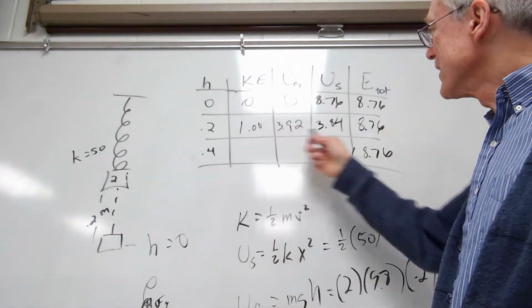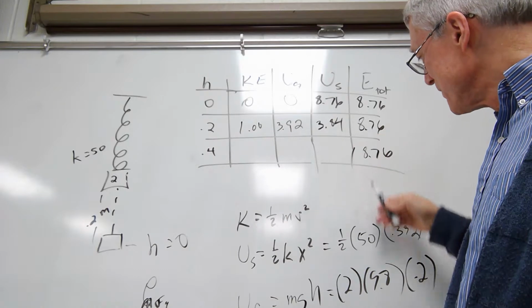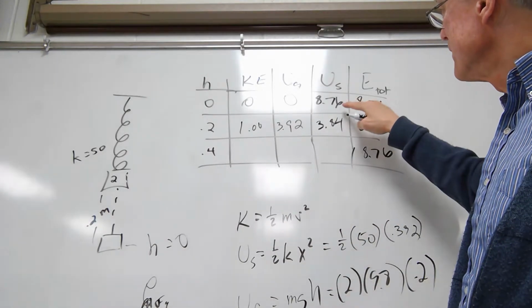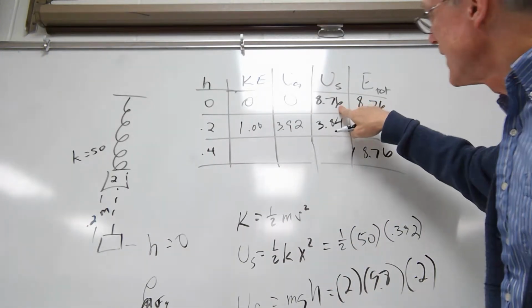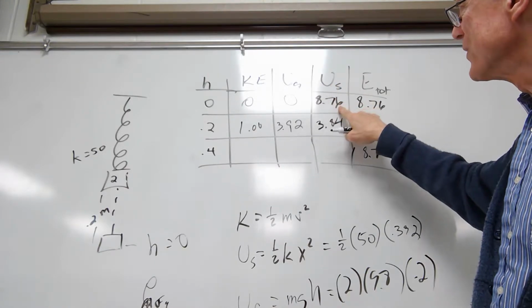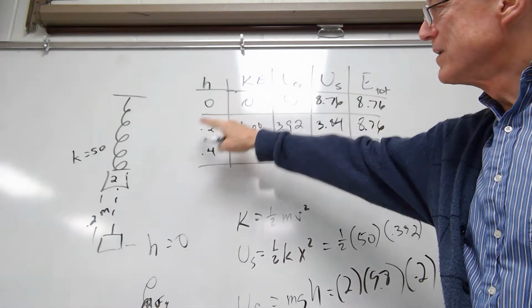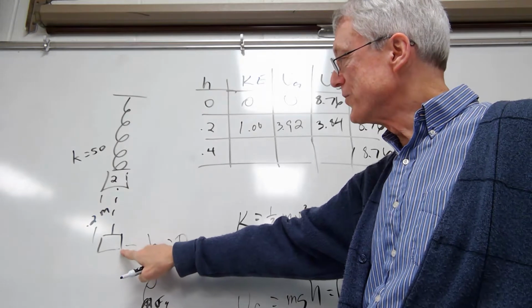Okay, that's correct here. But I realize now I made a mistake up here in this number when I calculated the U due to the spring at position h equals 0.